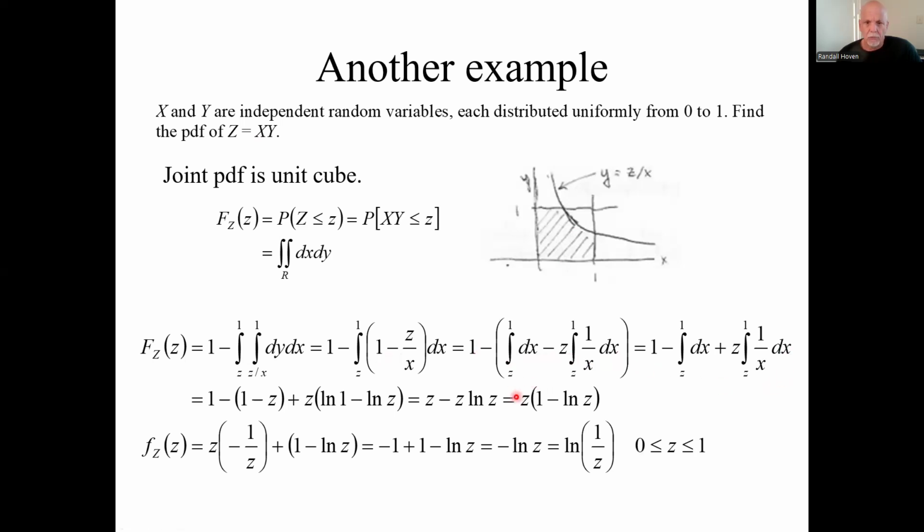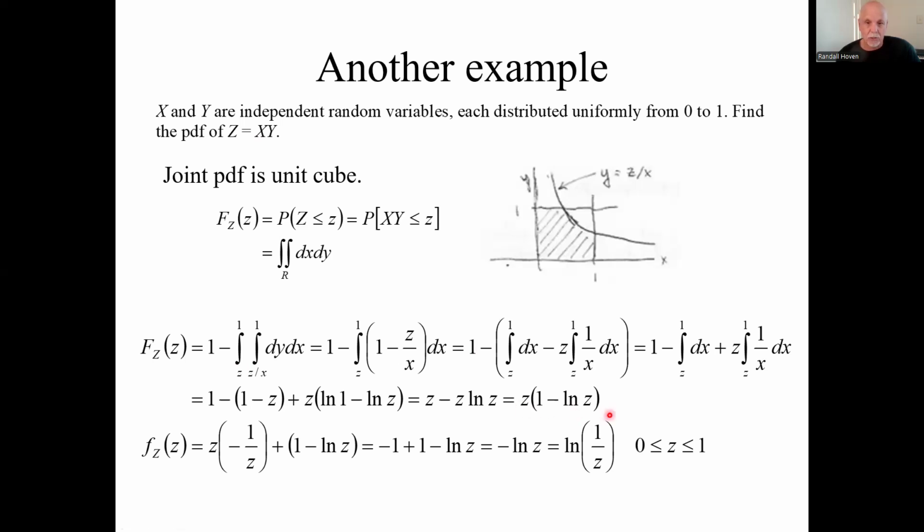Finally, after some simplification, you get this: z times 1 minus the natural log of z. I don't think you would have ever thought, just by looking at this, that's what it would look like. And then once we have the CDF, we get the PDF just by taking the derivative.